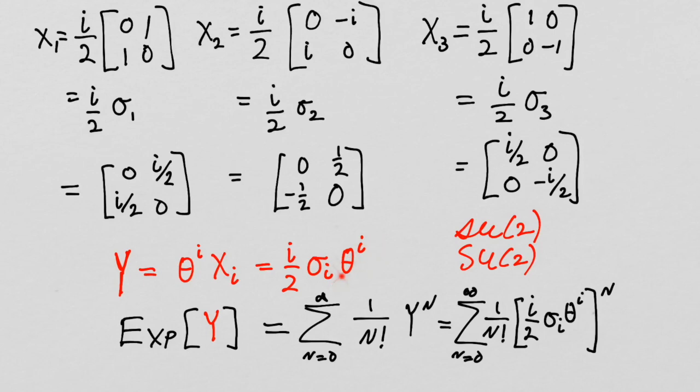Notice I'm using the summation convention. Gilmore does not. He keeps the up and down indices, but he writes this as i/2 times the sum of sigma_i theta^i, from 1 to 3, right? But it's really too messy. The problem with the up and down indices is that when you start using the summation convention, there's some tendency to think that these things are space-time related or these are tensorial quantities.